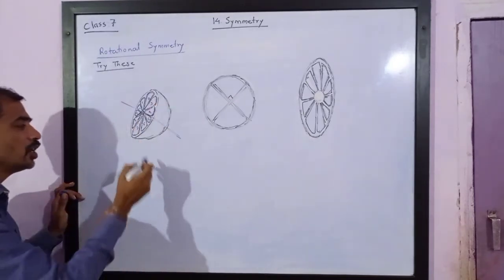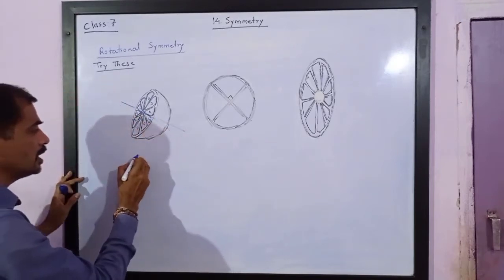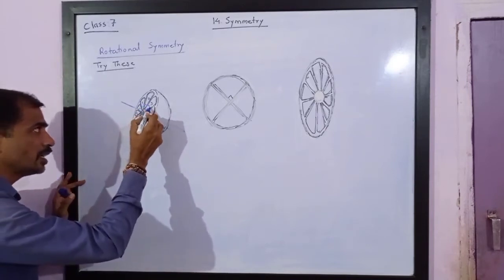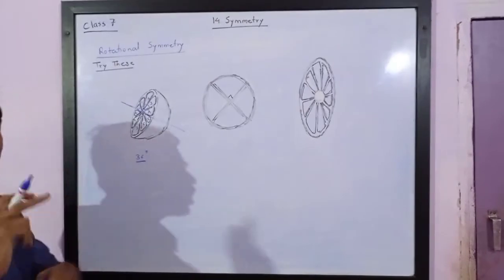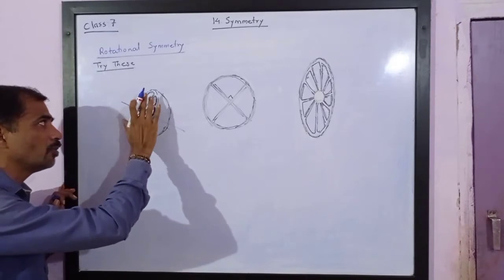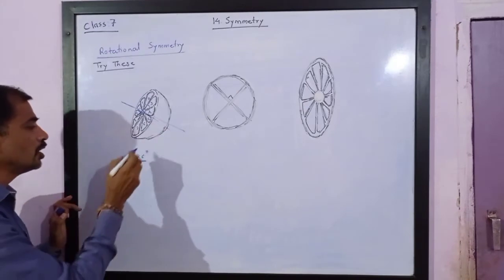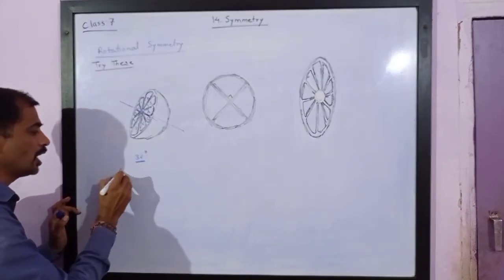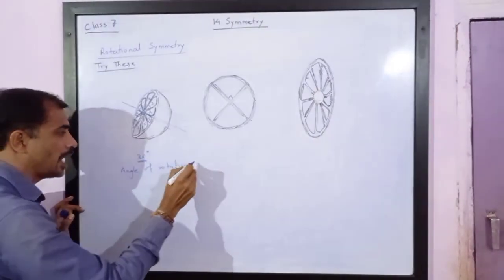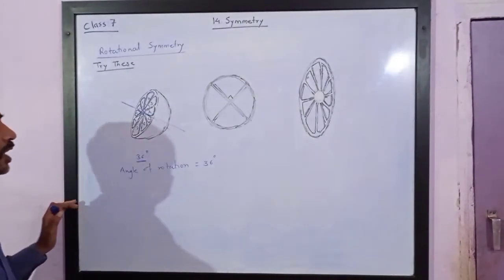So each time if you rotate it about the axis by 36 degrees, 36 degrees, 36 degrees, 36 degrees, then it will look as it was before. So here you will notice that angle of rotation is equal to 36 degrees. Now this can be found in another way also.